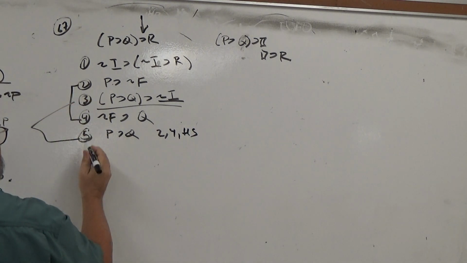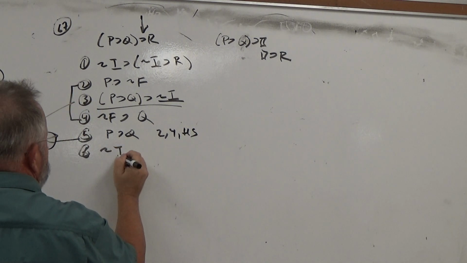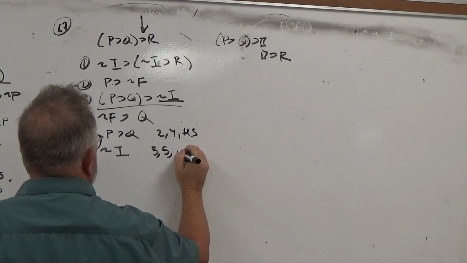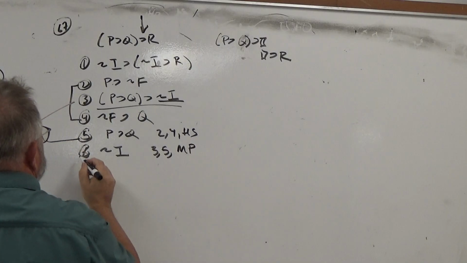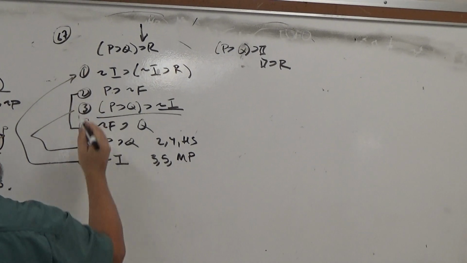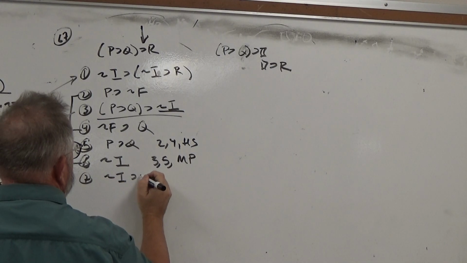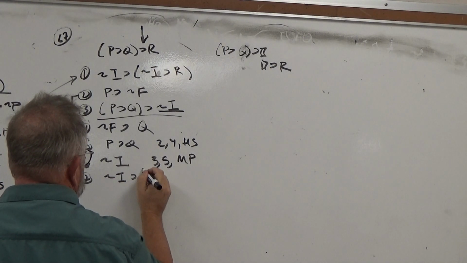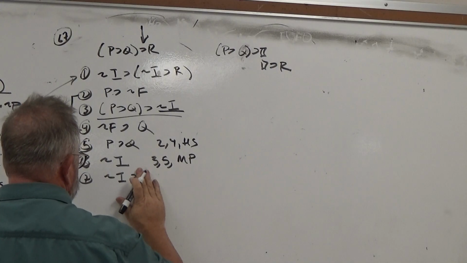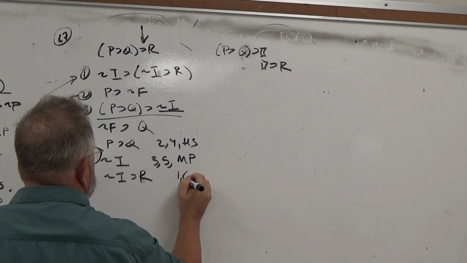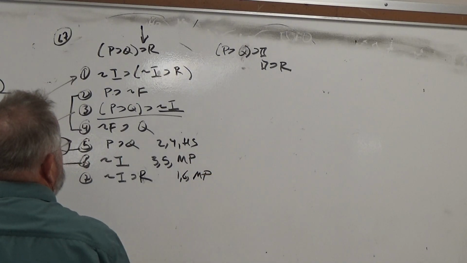And I can use this on line 3 and get not I, 3, 5, modus ponens. Then with not I I can get R. That's 1 and 6, modus ponens.